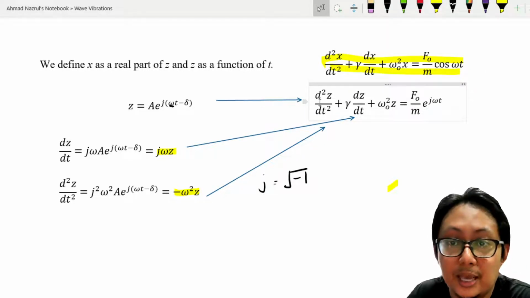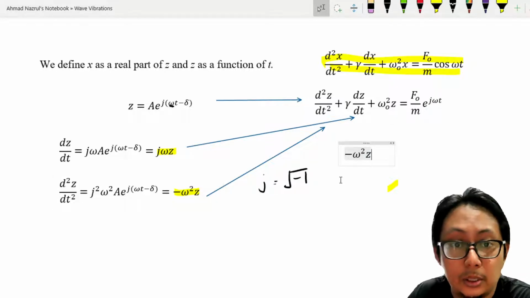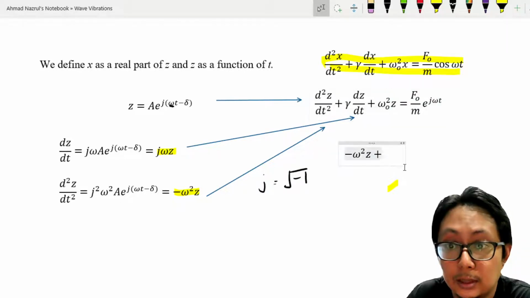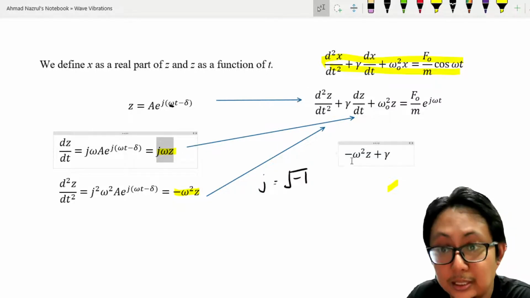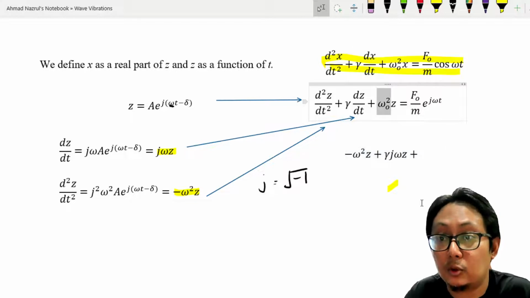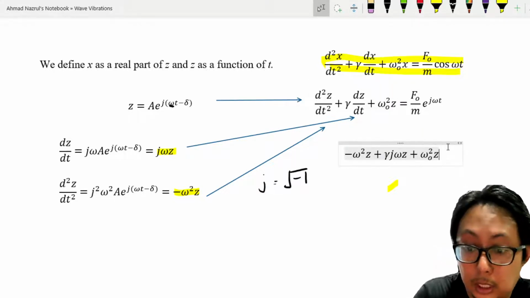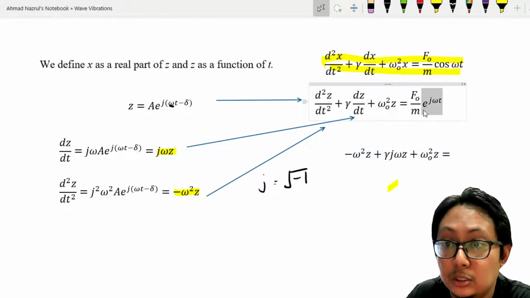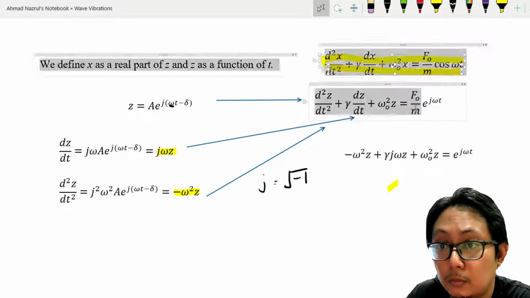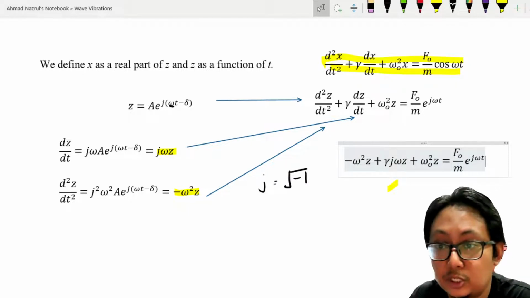So we have d square z over dt square, which is minus omega square z, plus gamma j omega z, plus omega naught square z, right, equal to f naught over m exponential j omega t.